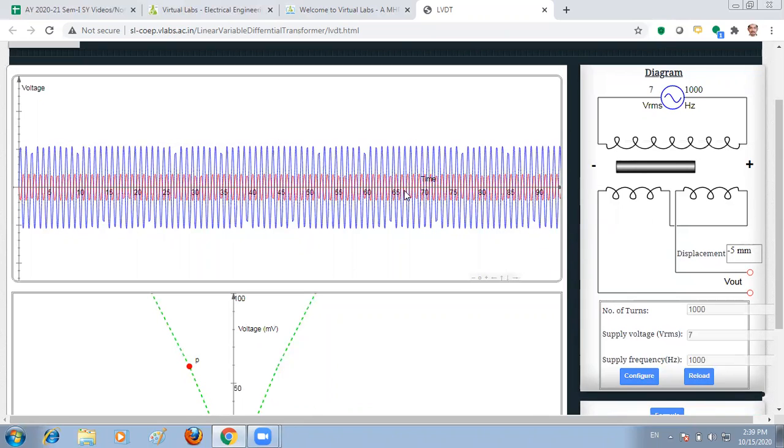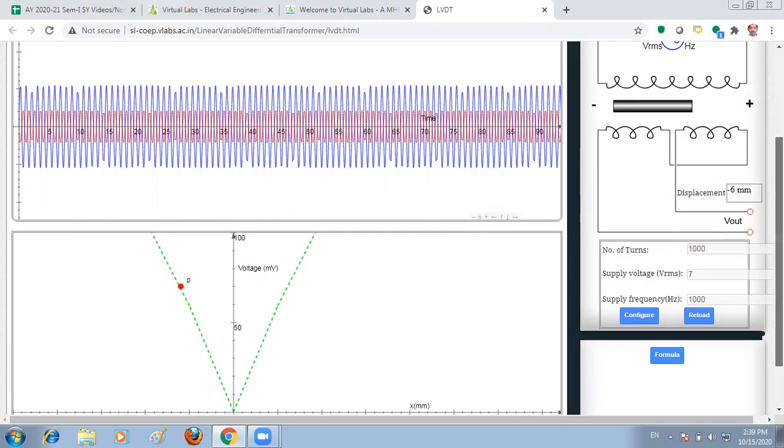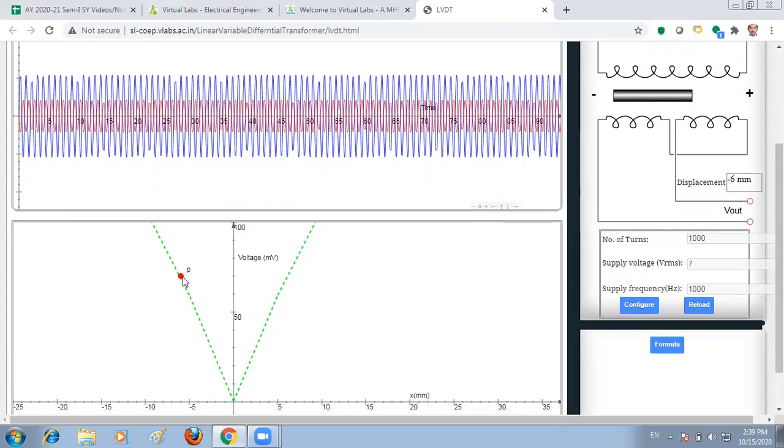Here the secondary voltage is changing. Now I am selecting the displacement as minus 6 millimeter by changing the armature position. Here on this graph, a red dot is shown.